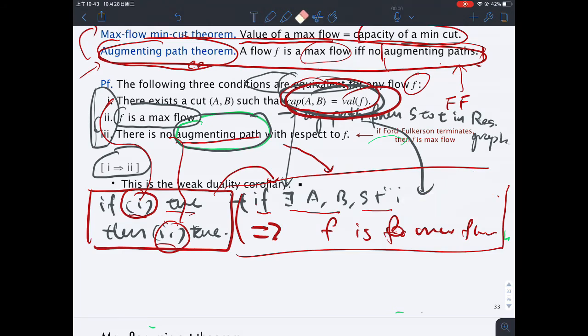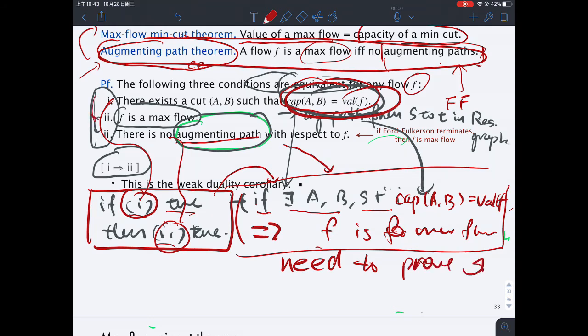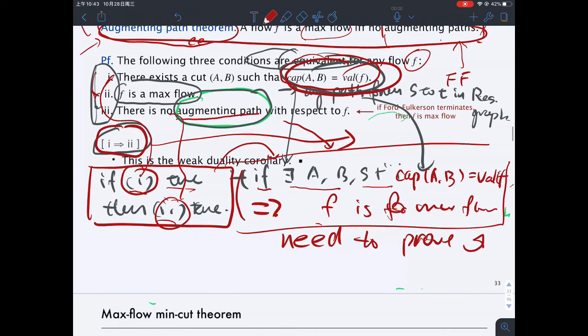So let me just directly write that. This is what we need to prove when we want to prove 1 implies 2.